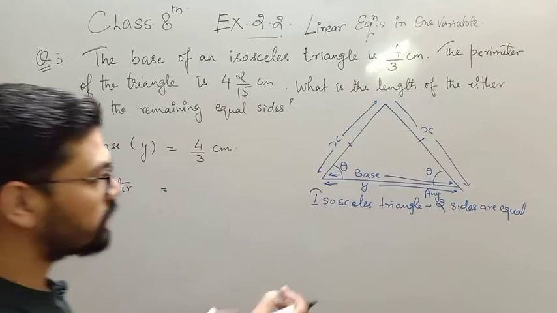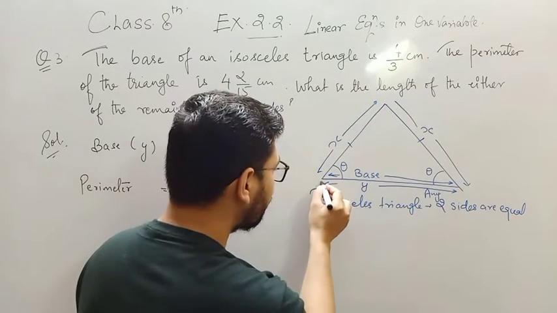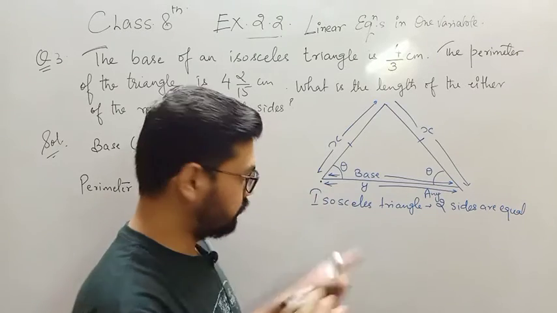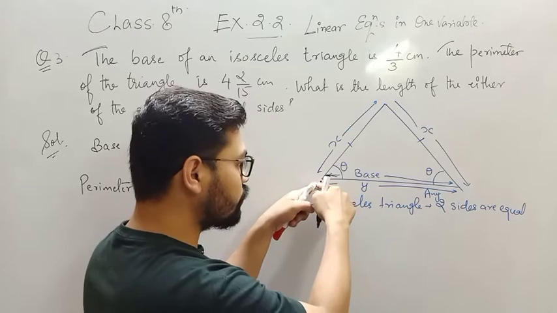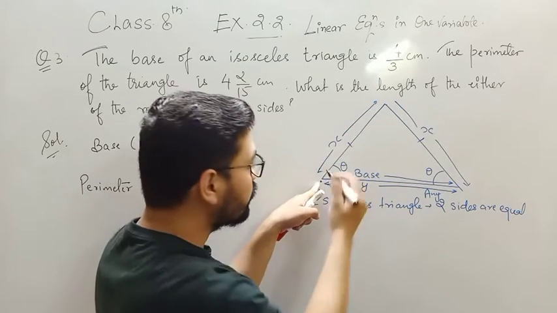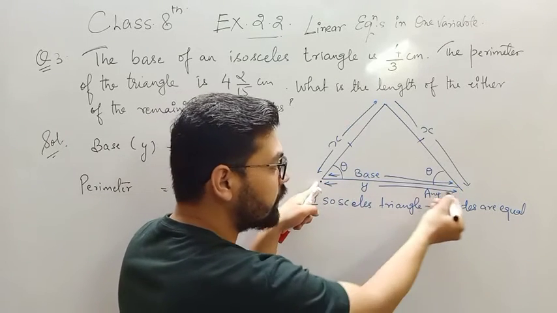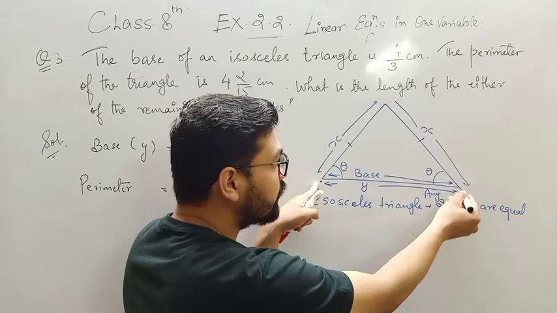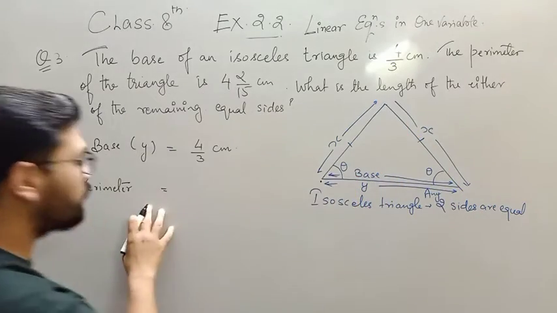So perimeter is nothing but the outer periphery, right? So let's say you start from this point. You need to return to this point again. So if you start from this point, first you travel this length y, then you travel x, then you again travel x. So what is the perimeter in this case?